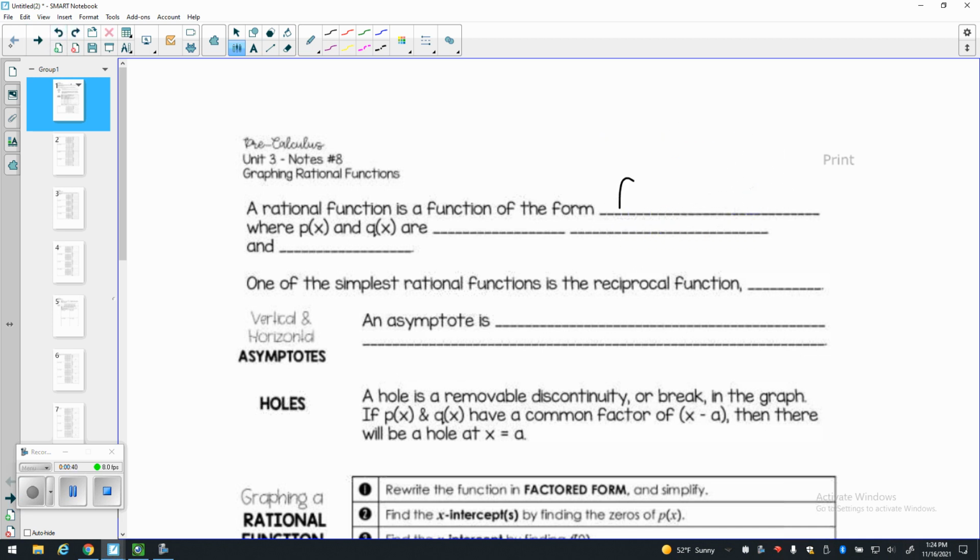P and q are polynomial functions. And the big thing is q of x cannot equal 0. Why can that bottom function not equal 0? You can't have a denominator of 0. It's a big thing.